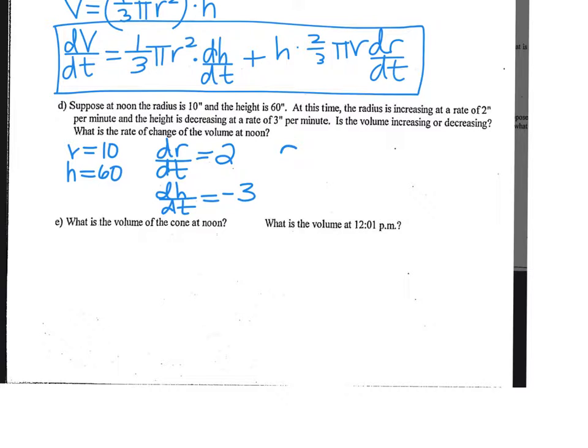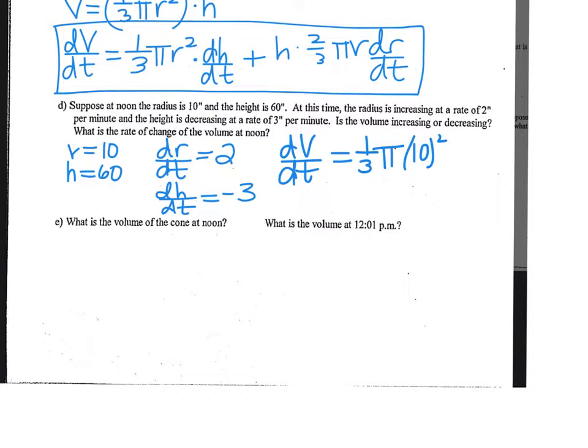All right, so here we go. dv dt equals. And we're going to plug all this information in. So we have 1/3 pi. r squared would be 100, 10 squared. Let's just write it out. 10 squared. And then times dh dt. Do you see that?